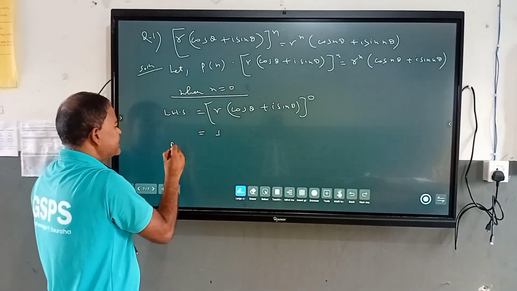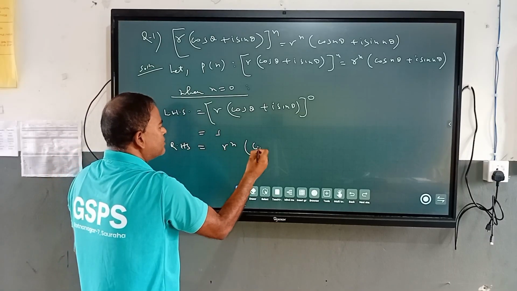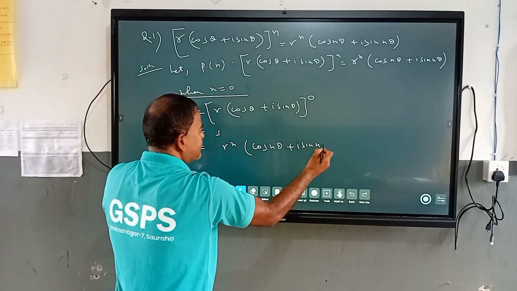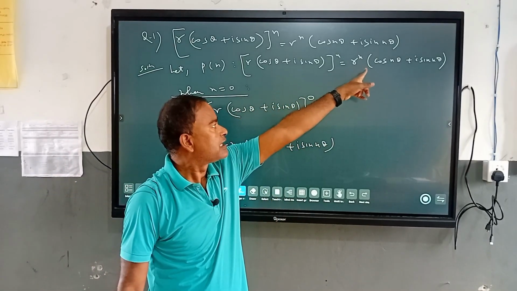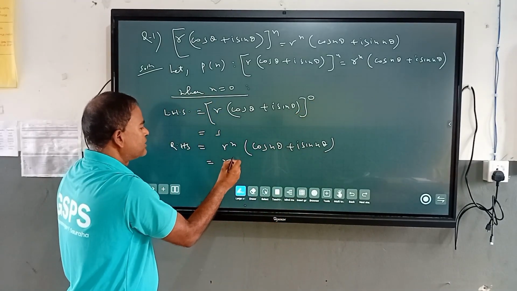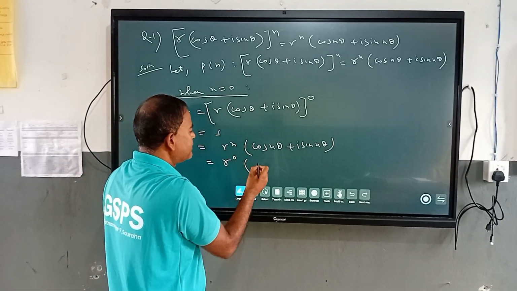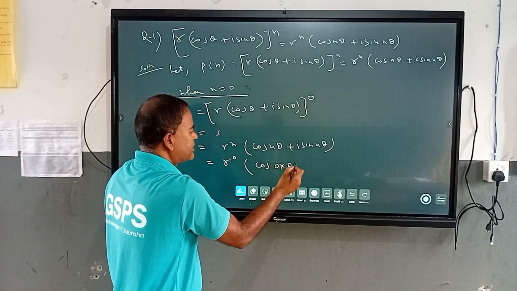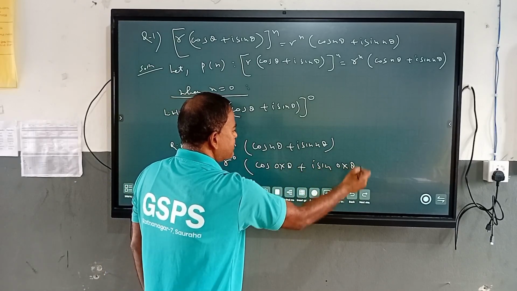Now let's take RHS. RHS is r^n (cos n theta + i sin n theta). If we put the value of n equals 0, then cos of 0 times theta plus i sin of 0 times theta.